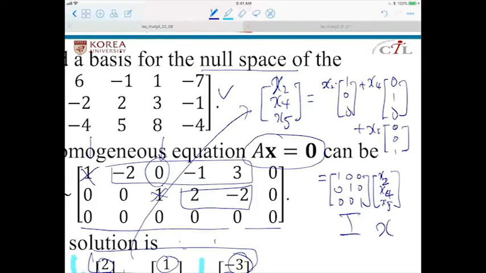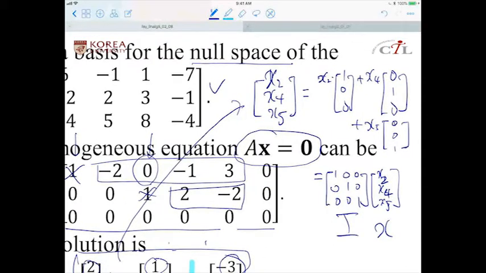Okay, and in this case, let's think about whether these 3 columns are linearly independent or dependent. So the columns of the identity matrix are always linearly independent, right?